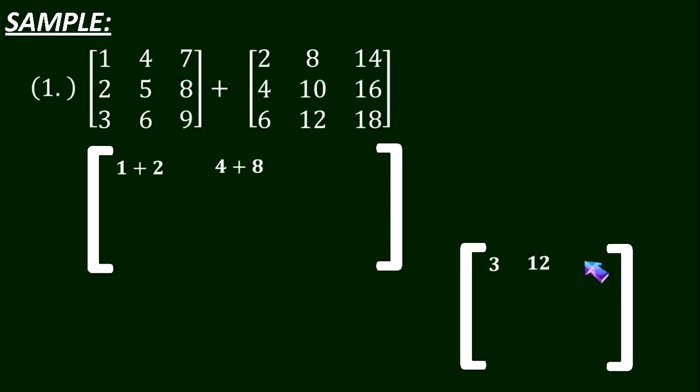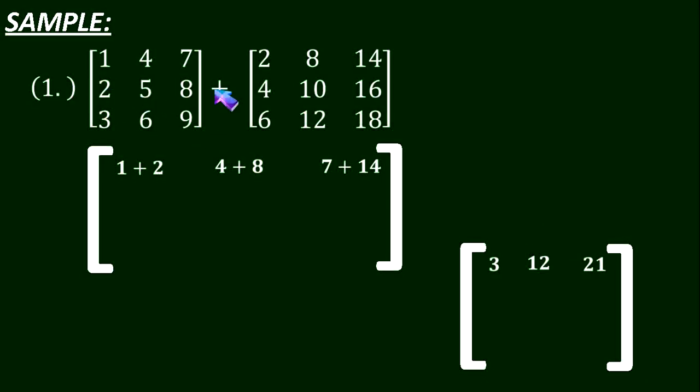Then our entry here in the first row, third column, you have to add the first row and the third column of both matrices. So we have 7 plus 14, that is equal to 21.